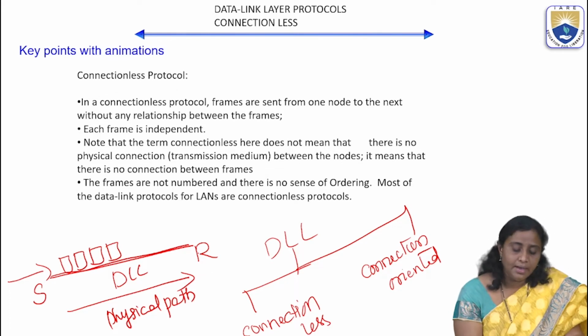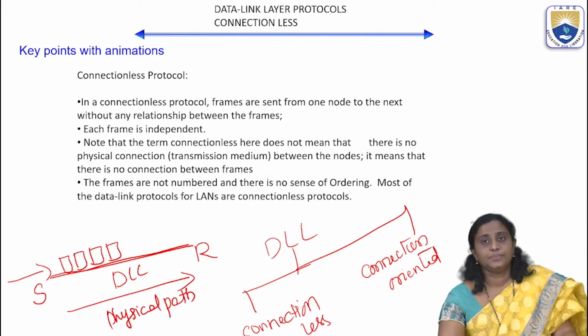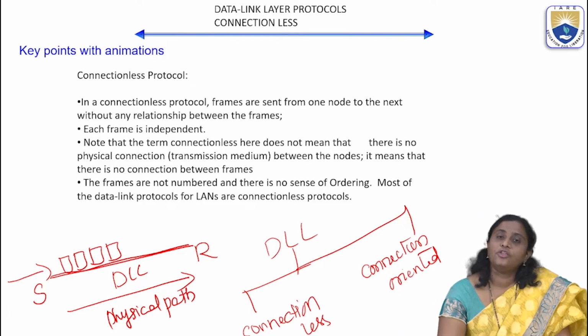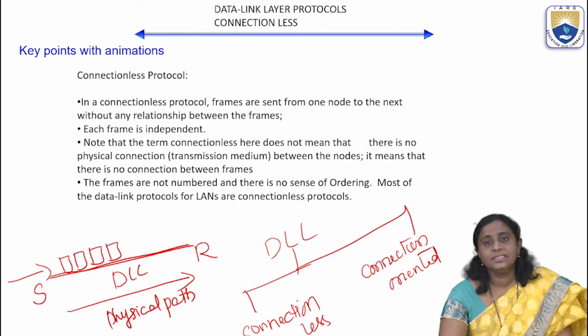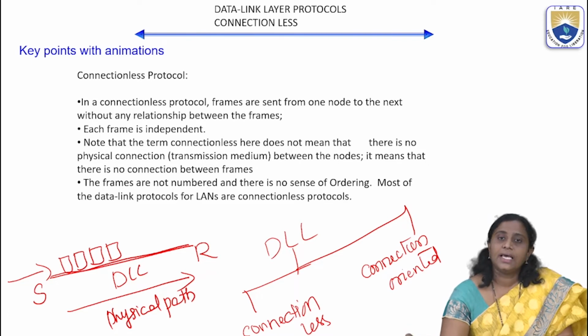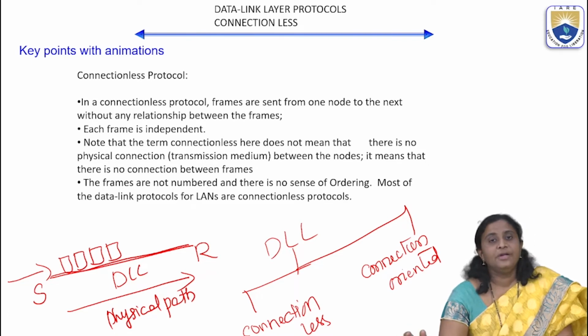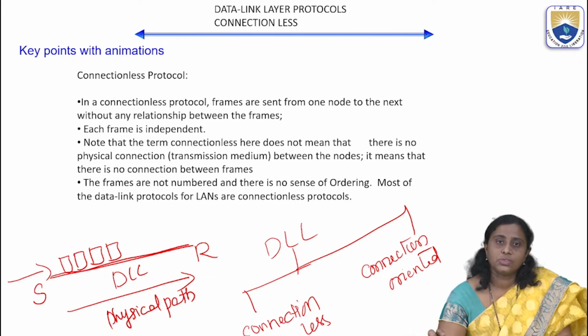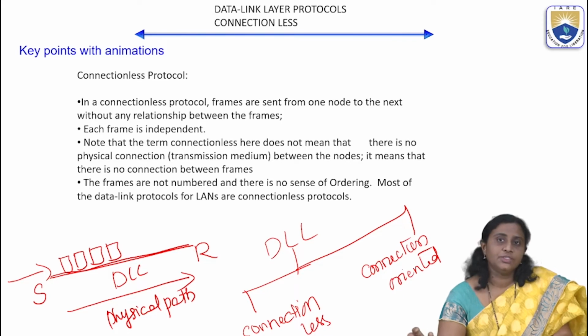That is one of the examples of the connectionless protocol. So in a connectionless protocol, the frames are sent from one node to the next node without having any physical path. We do not identify any physical path or any communication between the sending of the two frames from one source to the destination host. This is the first point.